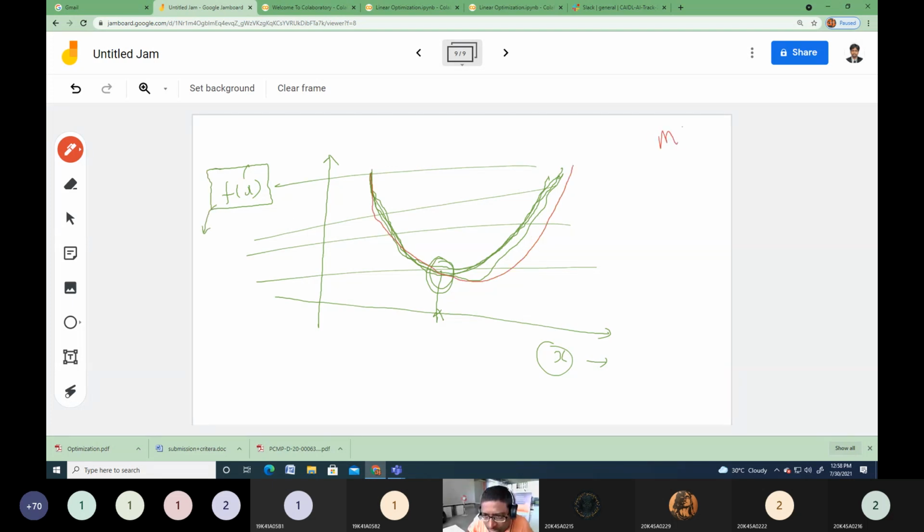Whether you take a mean square error, a binary cross entropy, or a categorical cross entropy, it will be like this, bowl shape. It is not linear. Your objective function is not linear in terms of your x. You can't write any linear equation that satisfies this curve. So that's why it is a non-linear equation. So your objective is a non-linear objective. That's why it is a non-linear optimization problem.